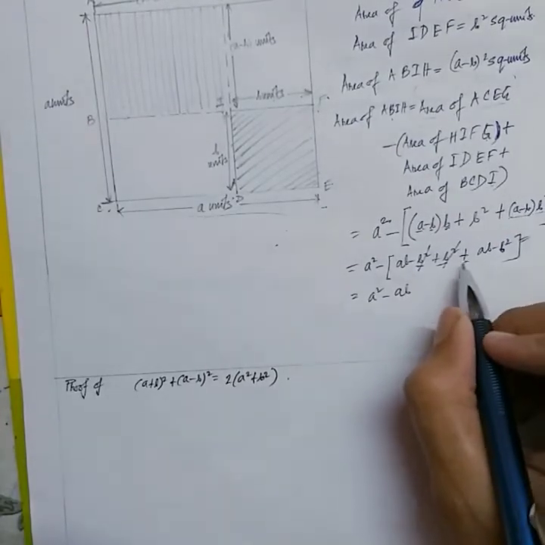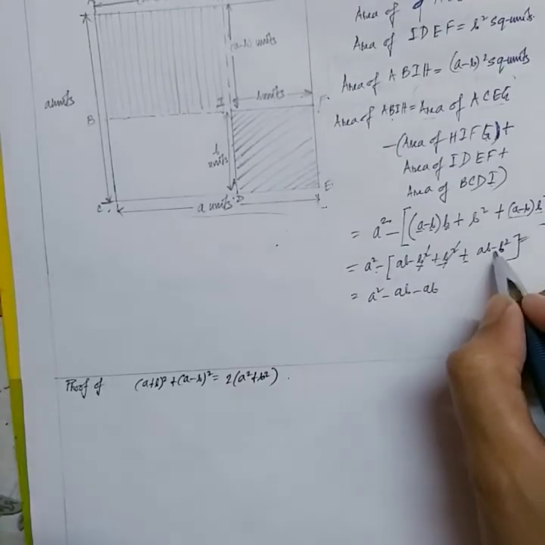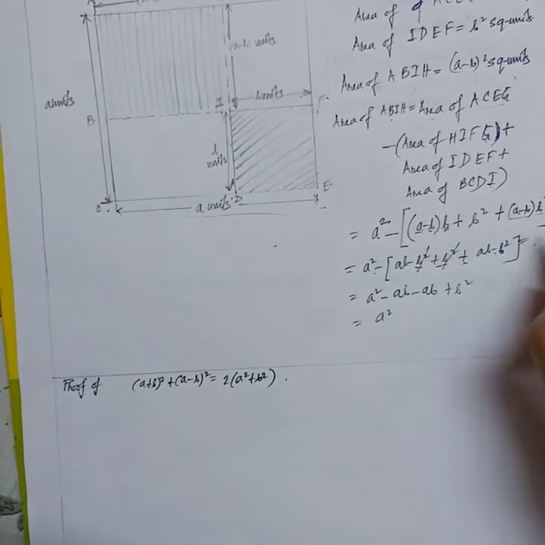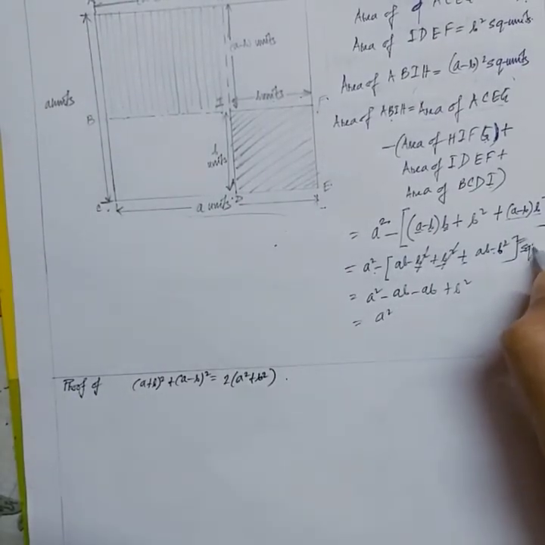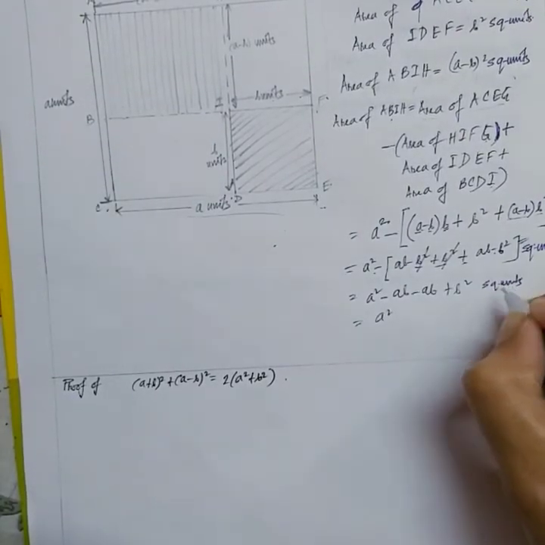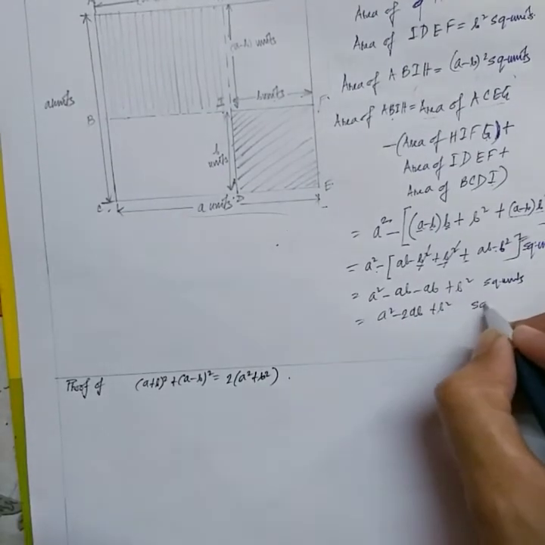This plus will become minus, as there is a minus sign outside the bracket, so you are getting minus ab, and this minus should become plus b square. So you are getting a square minus 2ab plus b square units.